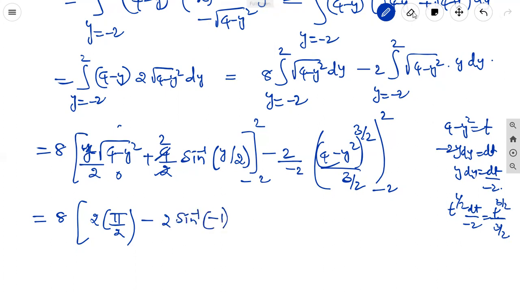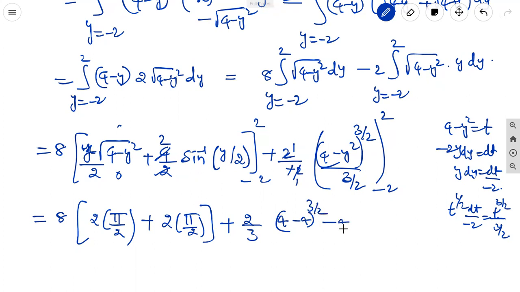Sine inverse of minus 1 means minus into minus plus 2 into pi by 2, which is plus. And the upper limit 4 minus 4 is 0, whole power 3 by 2. Minus 4 minus 2 whole square is minus 4, whole power 3 by 2.